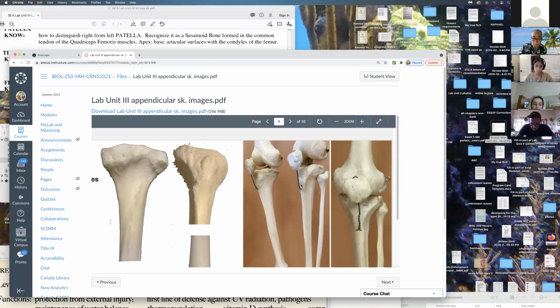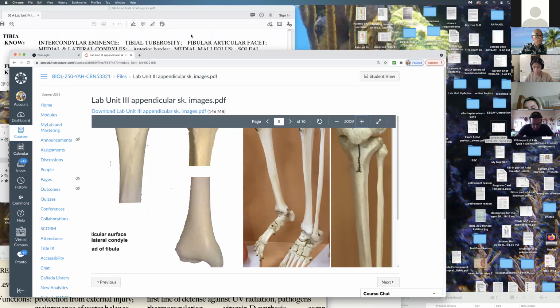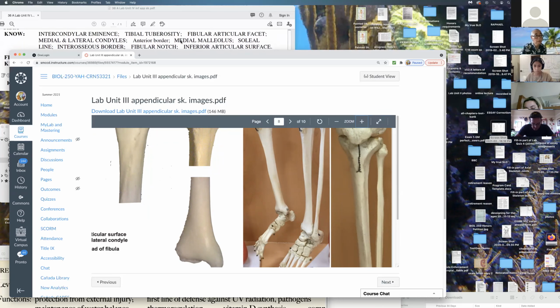Then the next item I want them to find would be at the distal end. At the distal end, this item, medial malleolus.